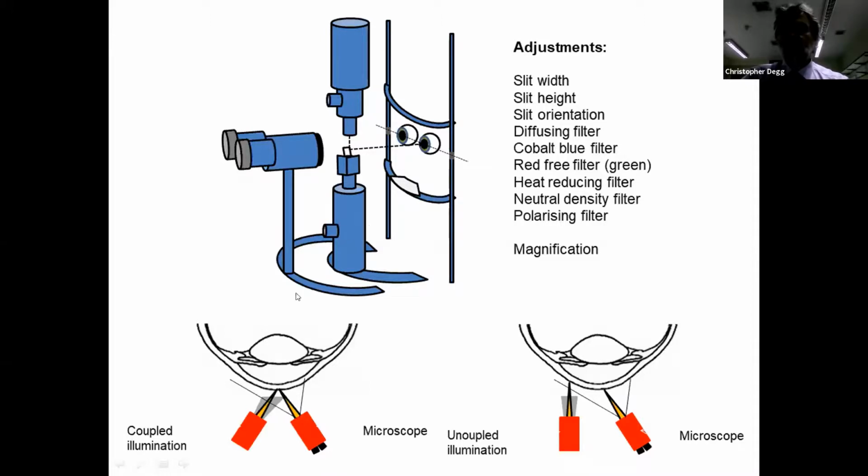And the eyepiece can rotate about the axis of the eye that we're looking at. And the two can be fixed together, so you can sweep the view and the light around the eye, or you can sweep the eyepiece around but keep the light fixed, or the opposite. And by combinations of these different mechanisms, it allows us to look at all of the different surfaces of the eye from the front right the way back to the retina.